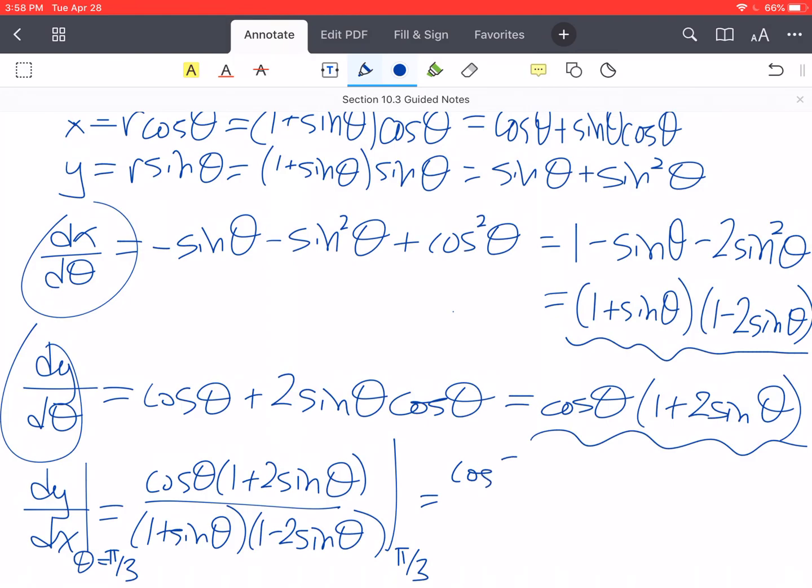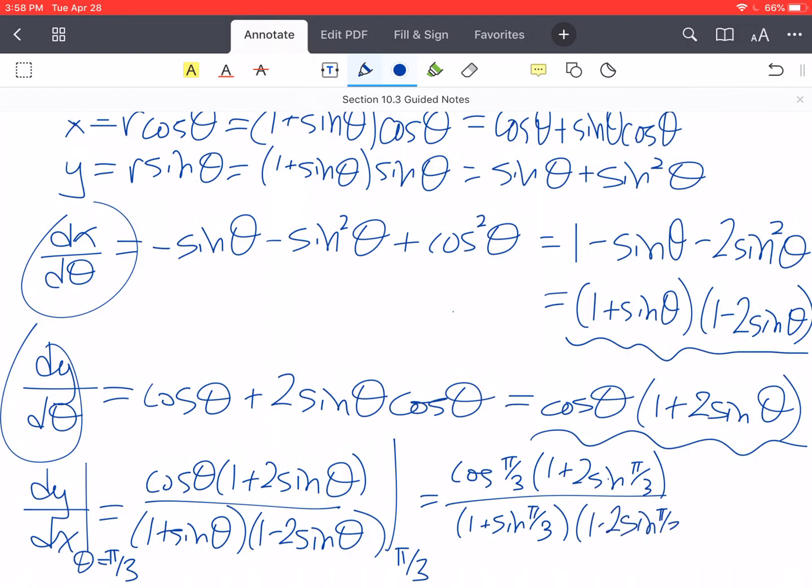So that's cosine pi over 3 times 1 plus 2 sine pi over 3, over 1 plus sine pi over 3 times 1 minus 2 sine pi over 3. So now we need to remember what sine and cosine of pi over 3 are.